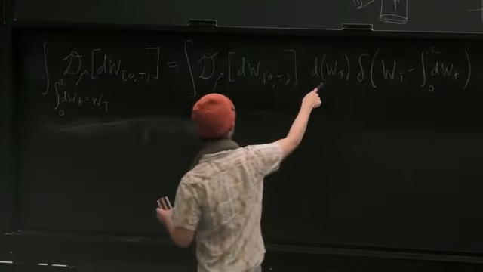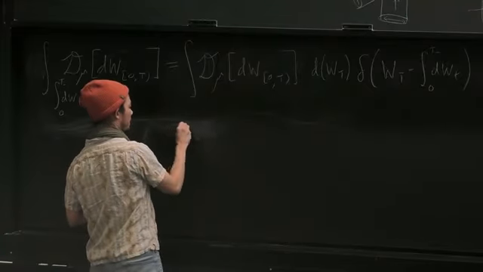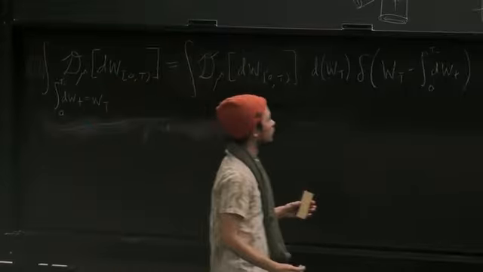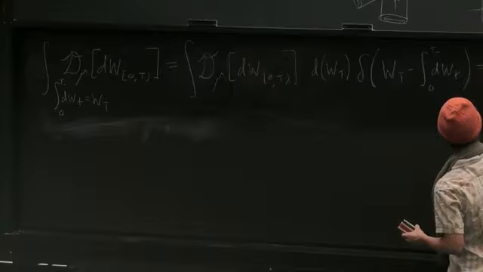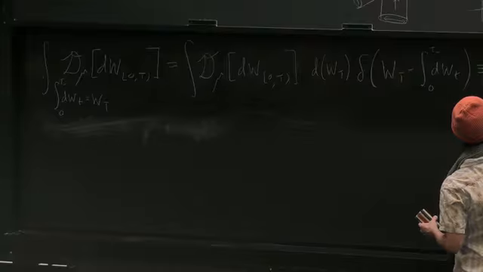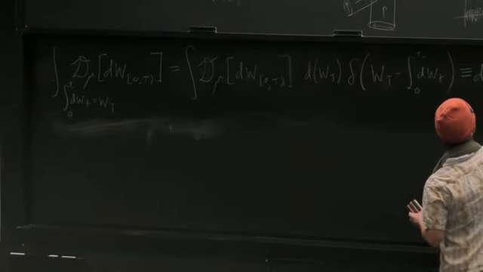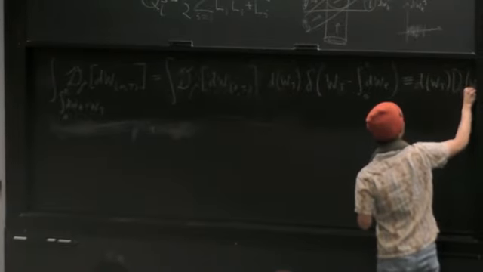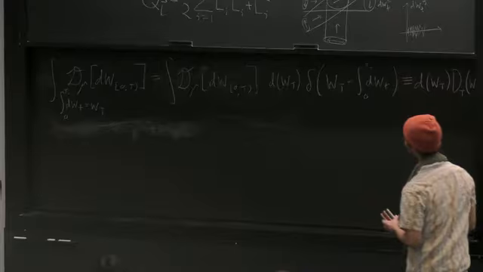Okay, so then I'm going to take this guy out. I'll move it just over here. So I'm just going to take out the dWt, and then I'm going to define the rest of it as dt of wt. Okay.